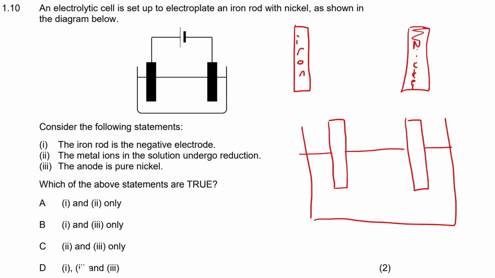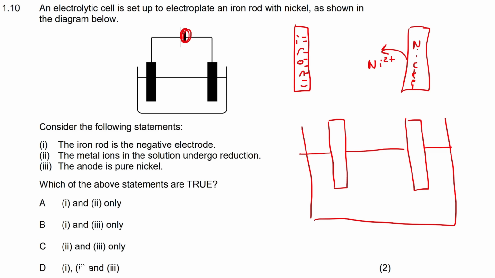It's going to start breaking apart, and it's going to convert into nickel ions. Those nickel ions are then able to travel through the solution, and then they can react and become pure nickel again. So the point is, this iron has to be negatively charged so that it can attract the positive nickel ions that are going to be in the solution.